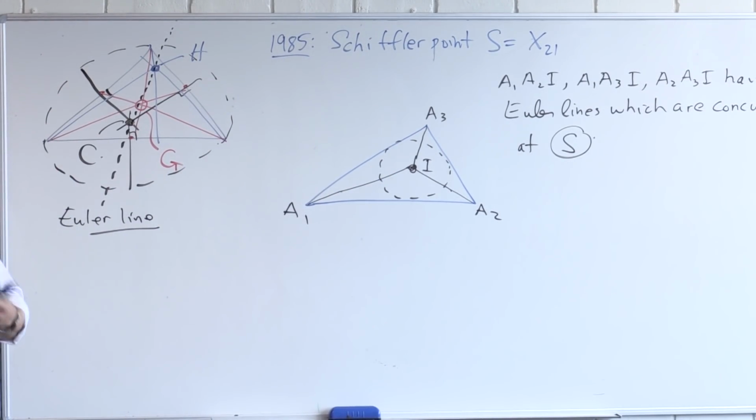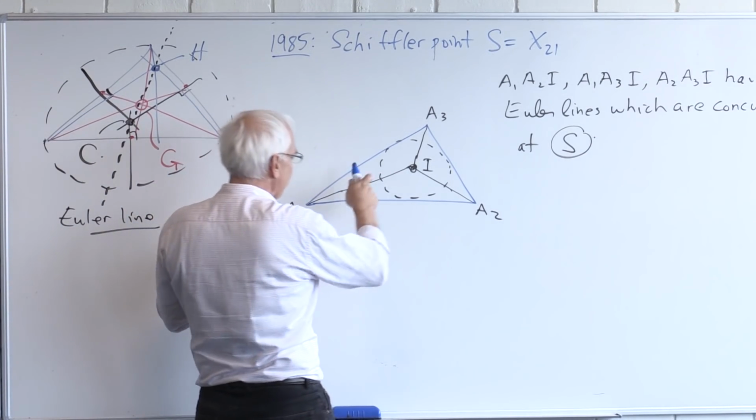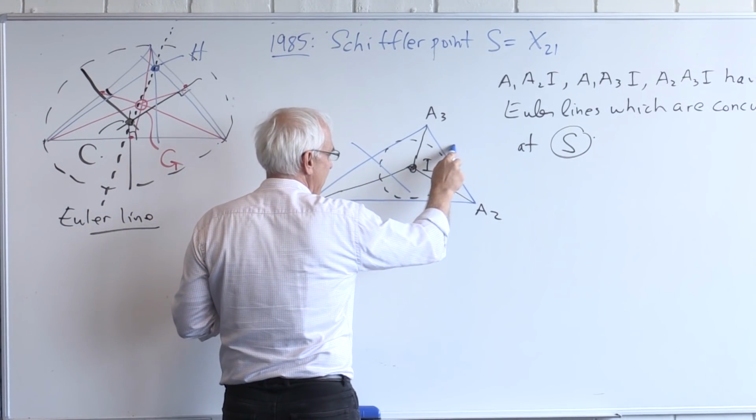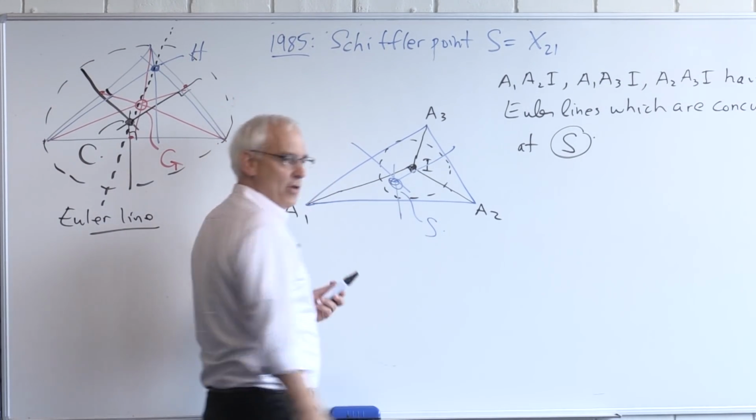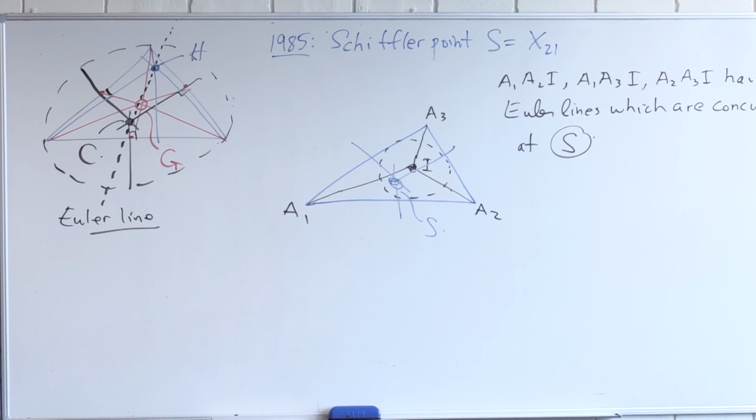So we have 3 Euler lines. Okay, I won't bother trying to figure out where they are. Maybe that's one of them, maybe that's another one. And those 3 Euler lines will meet at the Schiffler point.